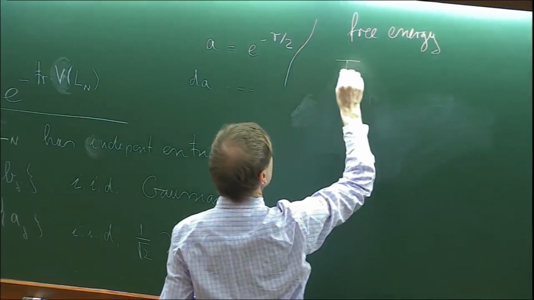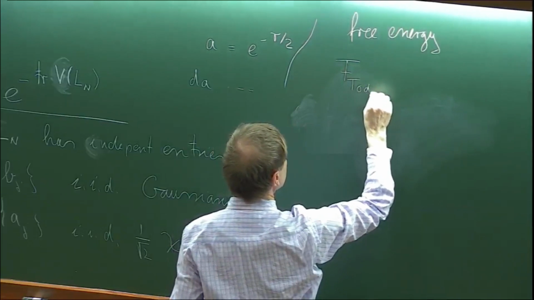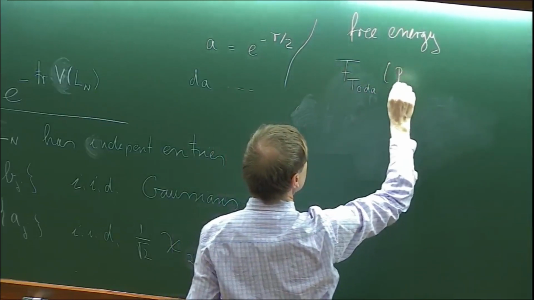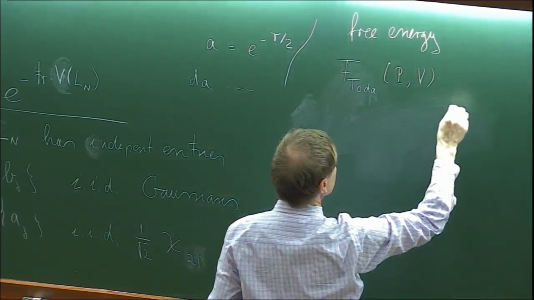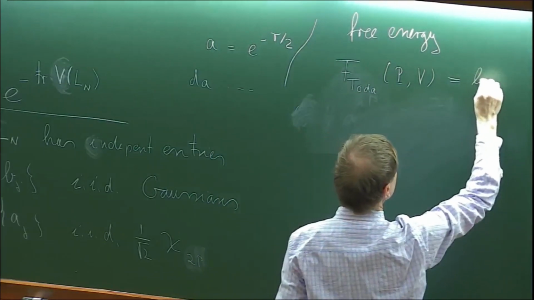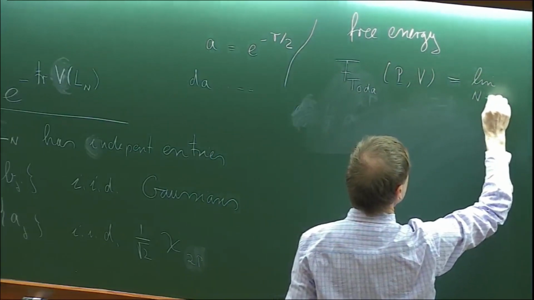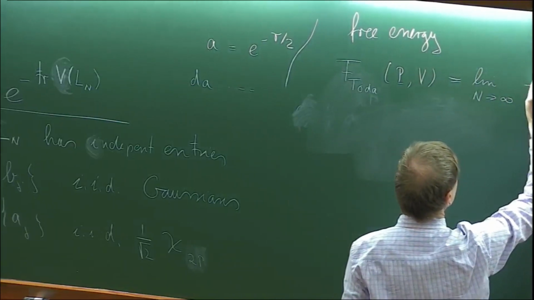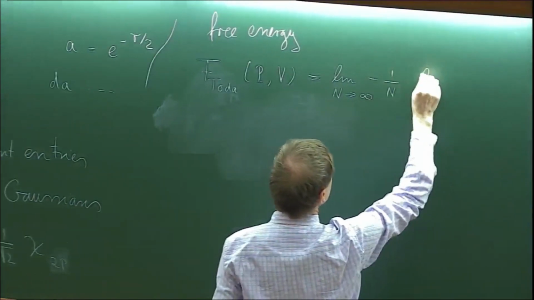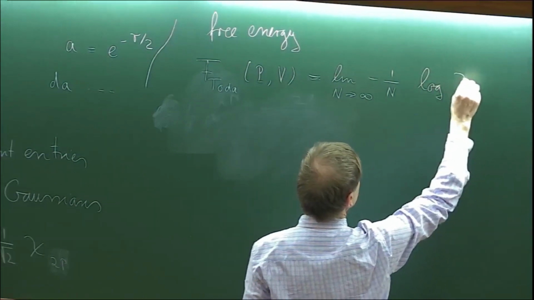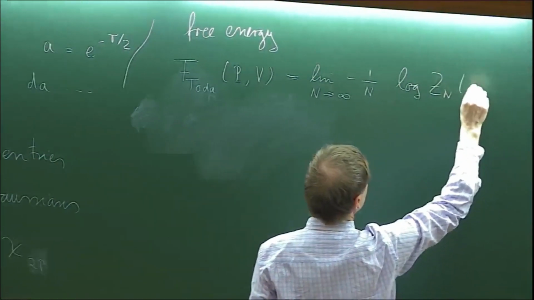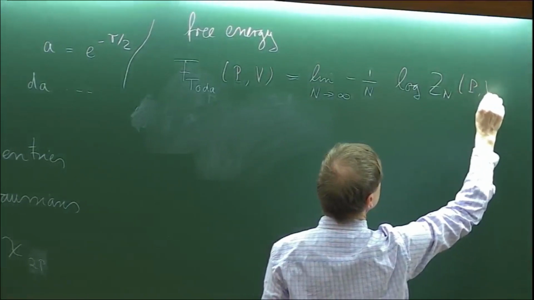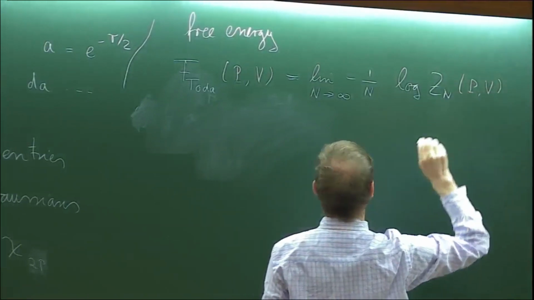I call this F Toda so that I remember that this is the Toda, with the parameters P and V. This would be nothing else but the limit n to infinity of 1 over n of minus the log of the partition function Cn of P over V.